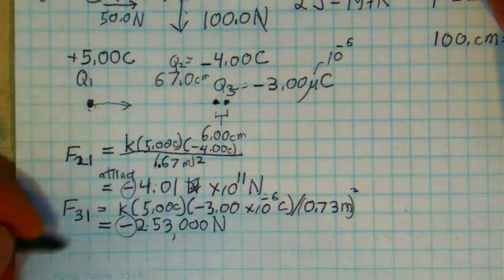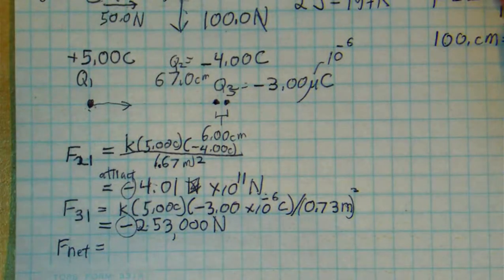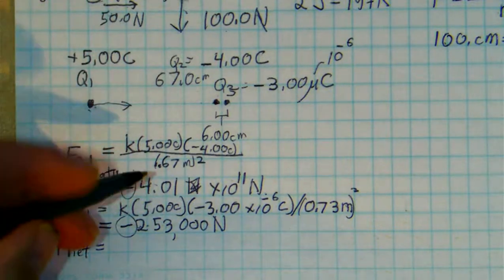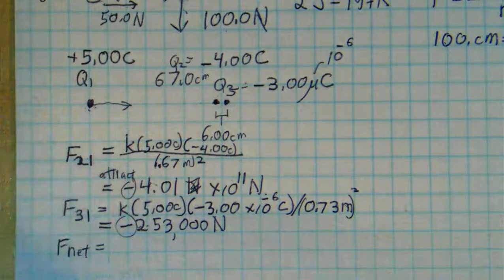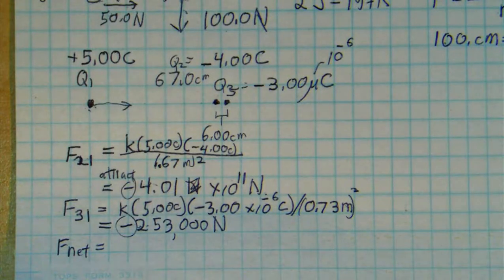But strictly speaking, we would add them together. My calculator is going to show this doesn't even change. But if you like, I can type it in and say, what is this plus negative 4 times 10 to the 11th?